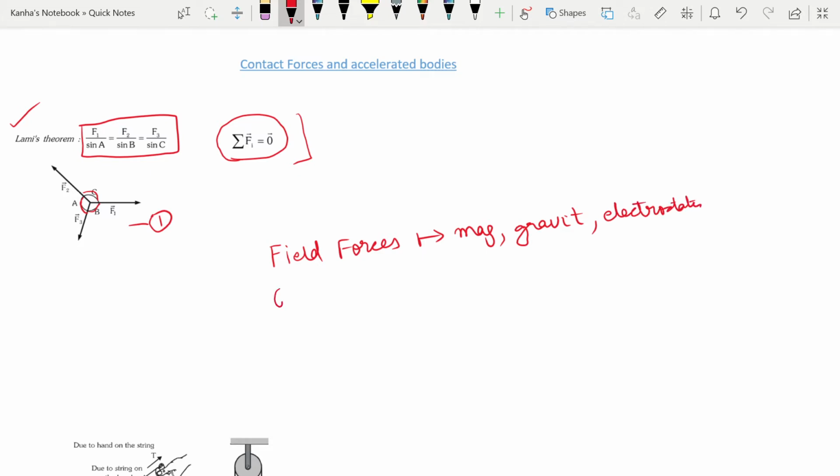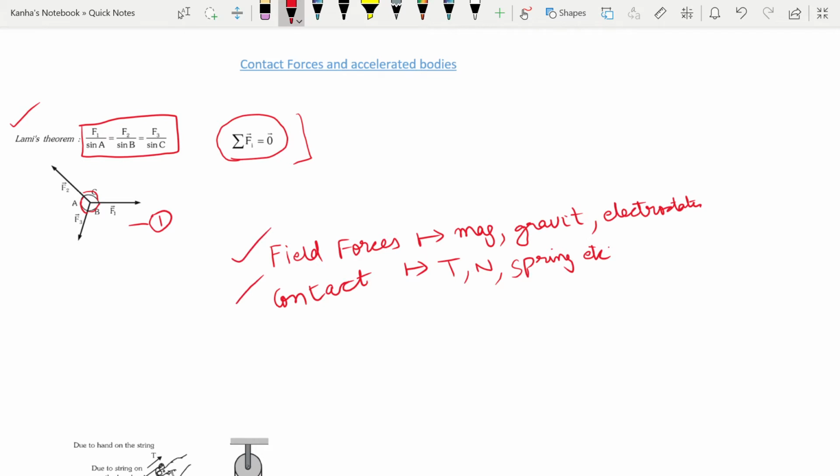And for contact forces, I have many examples. The examples that come to my mind are tension, normal reaction, spring force, and so on and so forth. So you should keep these two types of forces in mind before going further.